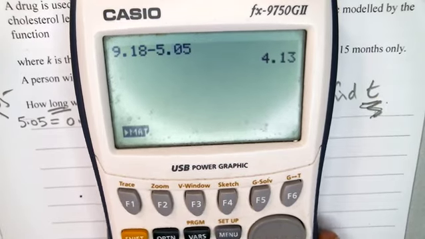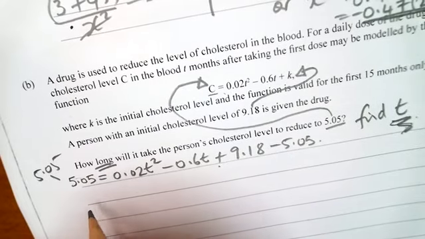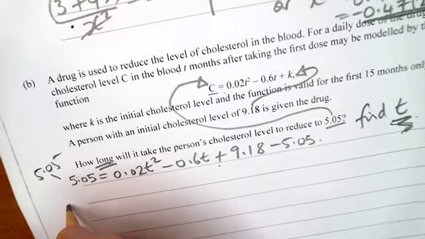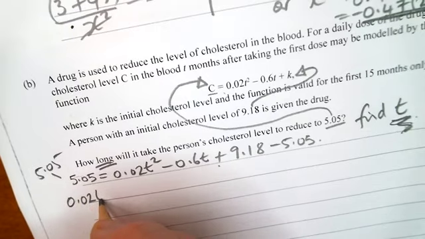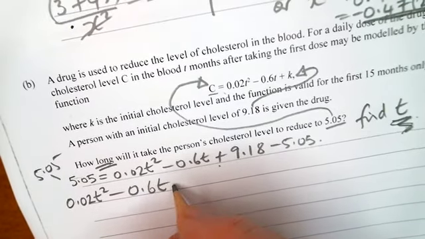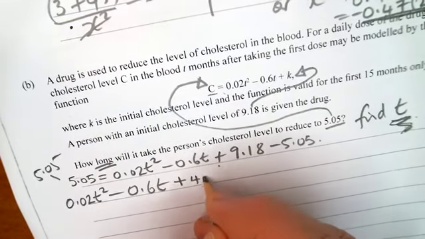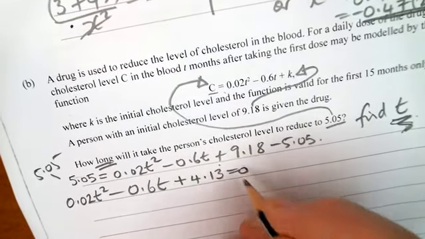It's 4.13. So this thing here equals 4.13, so I'm going to write it again. So we've got 0.02 t squared minus 0.6 t plus 4.13 is equal to 0.